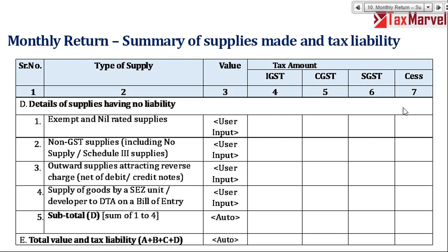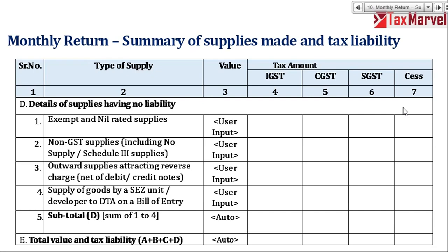And then E is total outward liability which is getting generated. So everything is populated from your ANX 1, and your nil rated, exempted and advance detail I have to put on my own, or any liability previously which is there before the introduction of this return I can enter as user input.